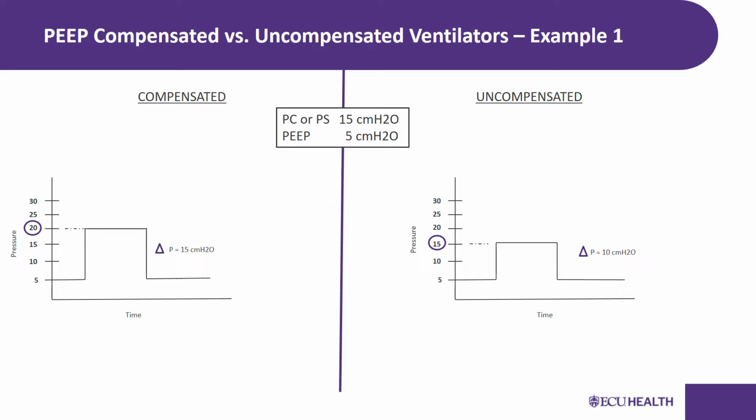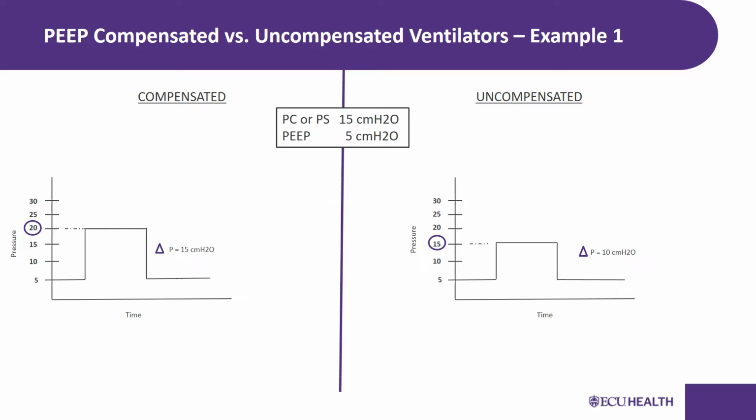So we said here we're going to set a PEEP of 5 and a pressure support of 15. In the compensated ventilator, we're coming along with a PEEP of 5 and our patient is going to take a breath in with a pressure support of 15. The ventilator is going to take that pressure support of 15 and increase the pressure and apply it on top of the PEEP of 5.